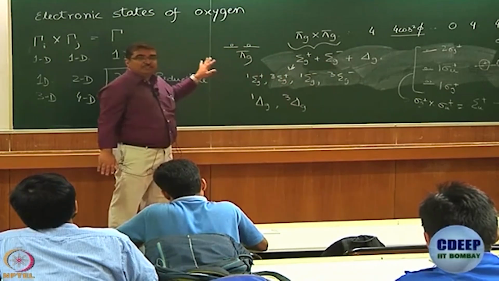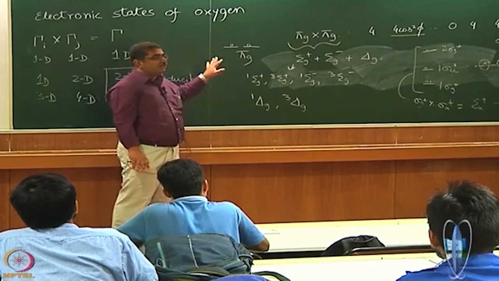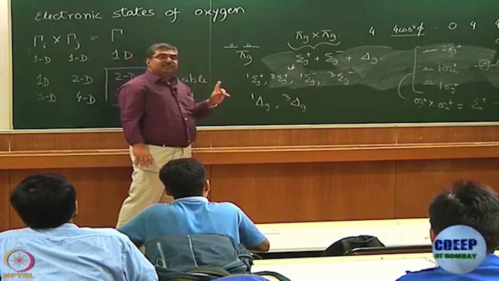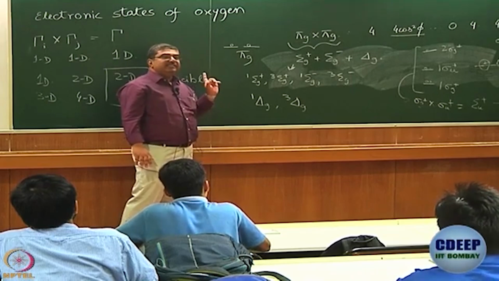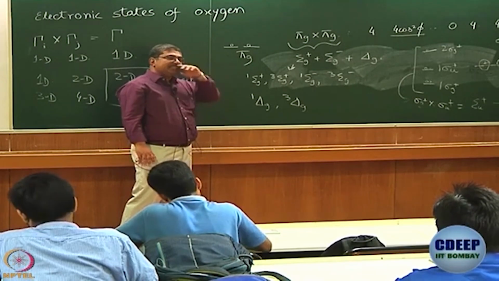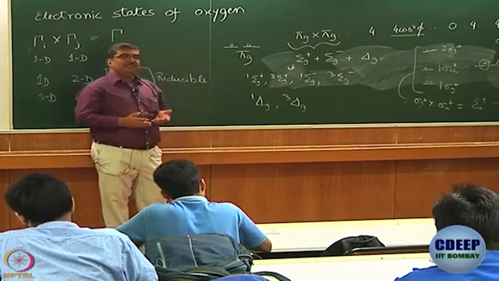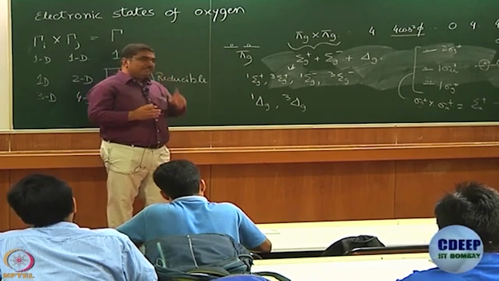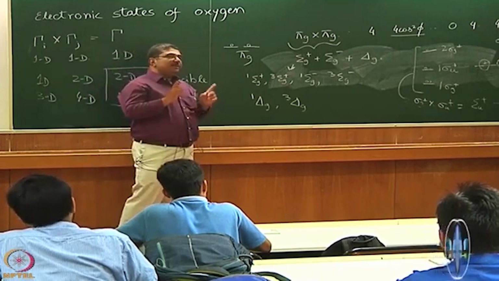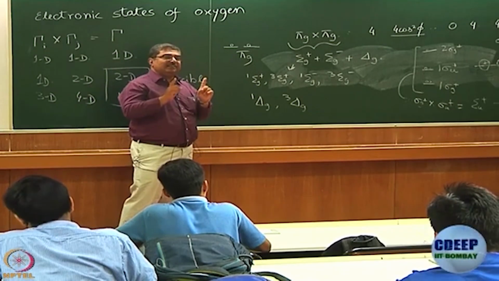electron configuration of oxygen. This ground state electron configuration of oxygen seemingly gives rise to 16 states, but there is a problem actually. Not all these 16 states are acceptable. We just assign singlet and triplet to everything, anything and everything, right. That is not necessarily the case, because here you have 2 electrons in degenerate orbitals, right.